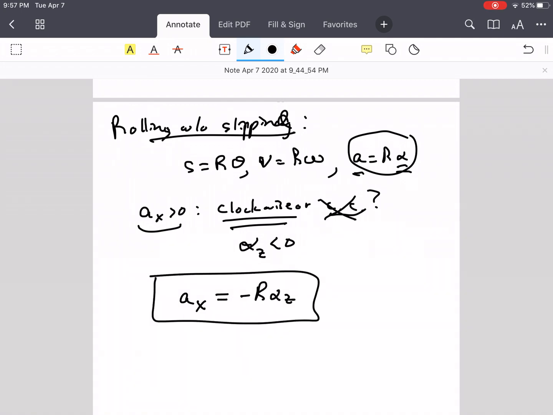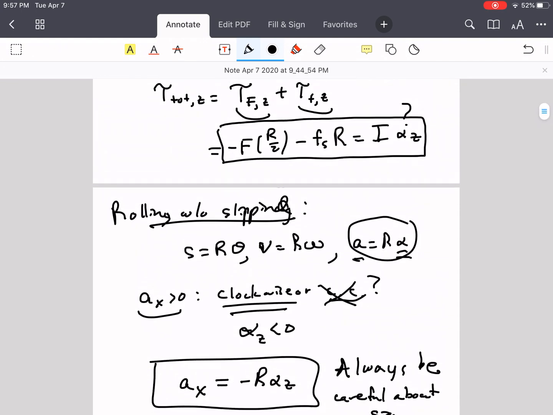So always be careful about the sign of the relationship between acceleration and angular acceleration. Okie dokie, but now we have three equations and three variables, and we simply need to go forth and solve.